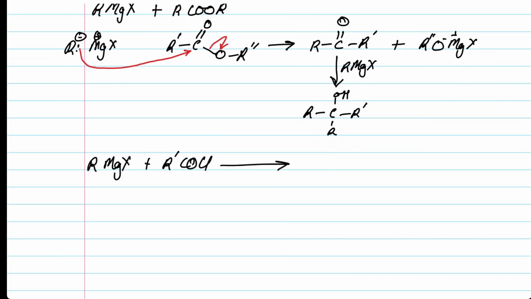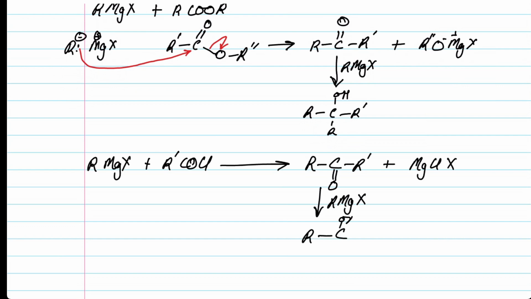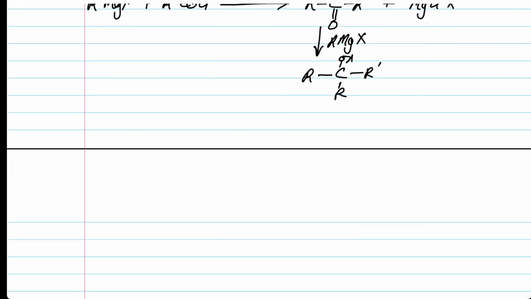It is going to first of all form R C double bond O R dash along with MgClX, which is going to react with another molecule of RMgX to give us R C OH R dash and R. That is what we have as the reaction with acid chloride.